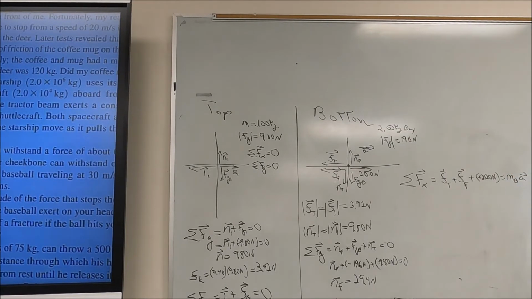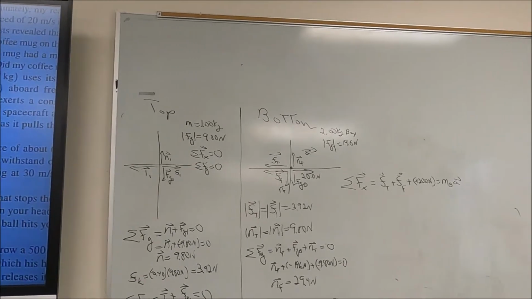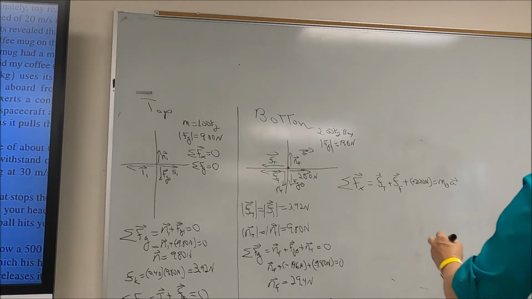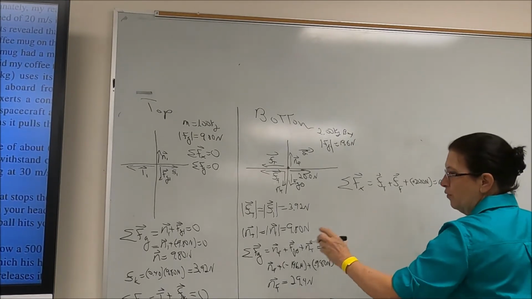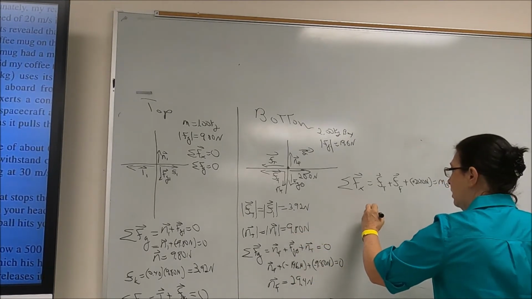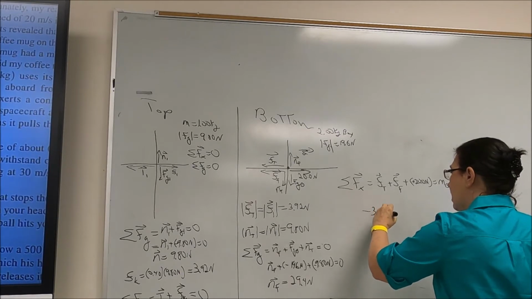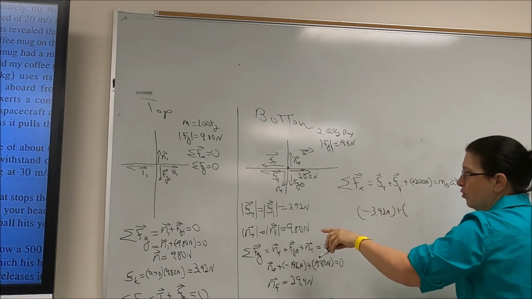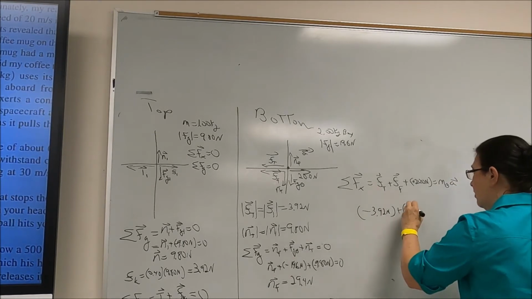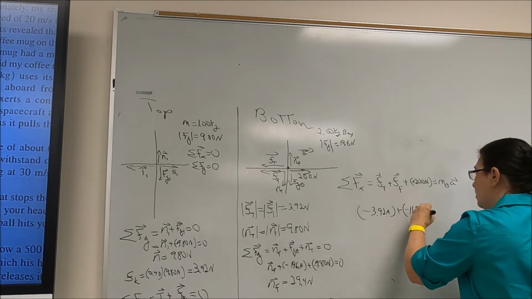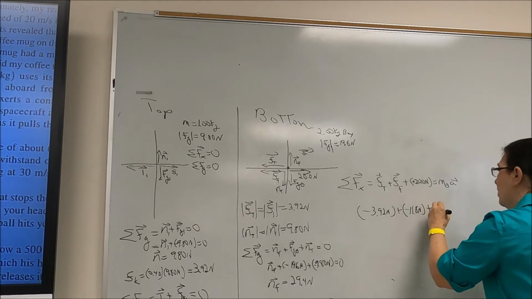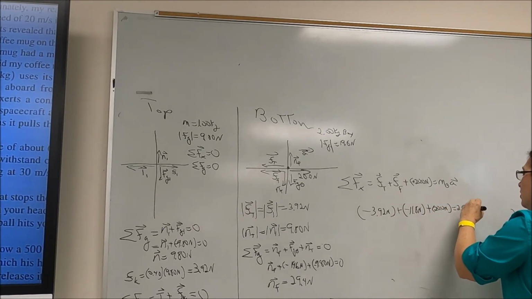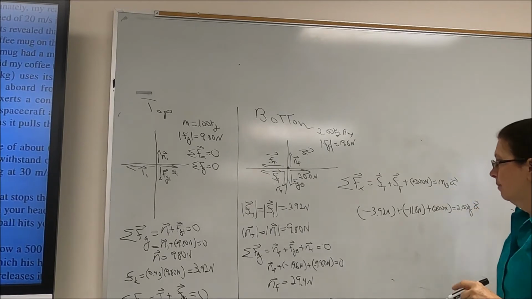Let me make sure you can see all that. So, the frictional force from the top is going to be a minus 3.92 newtons because it points in the negative direction. The frictional force from the floor is minus 11.8 newtons. Then we've got our 20 newton force has to equal 2 kilograms times A.